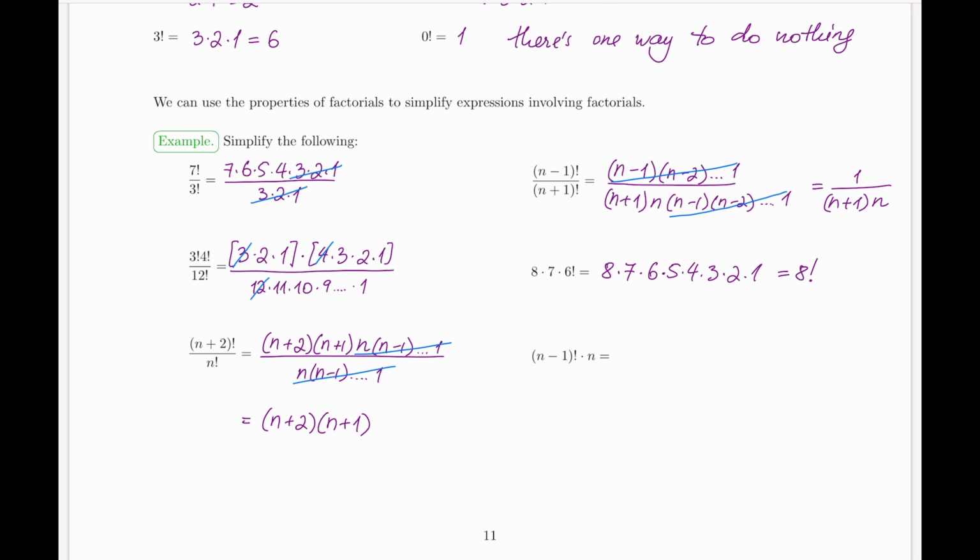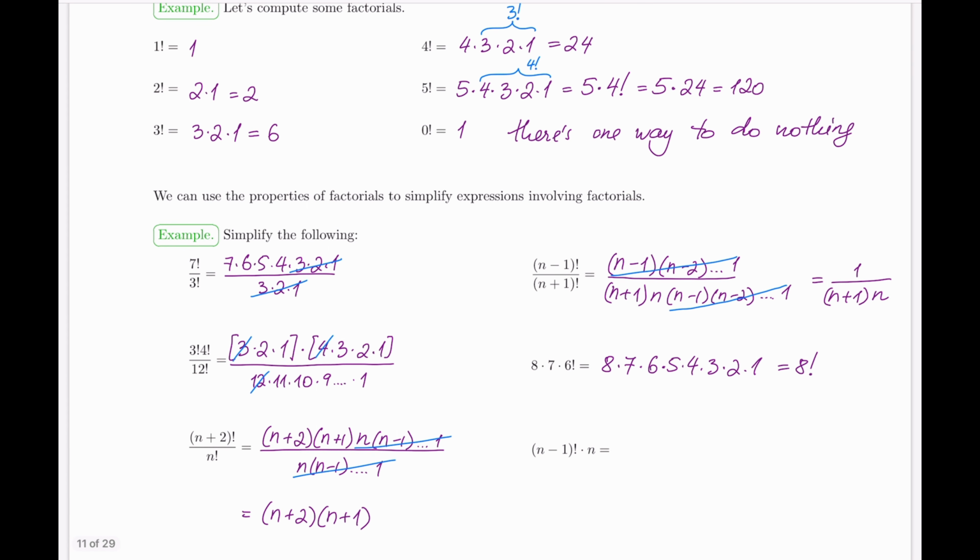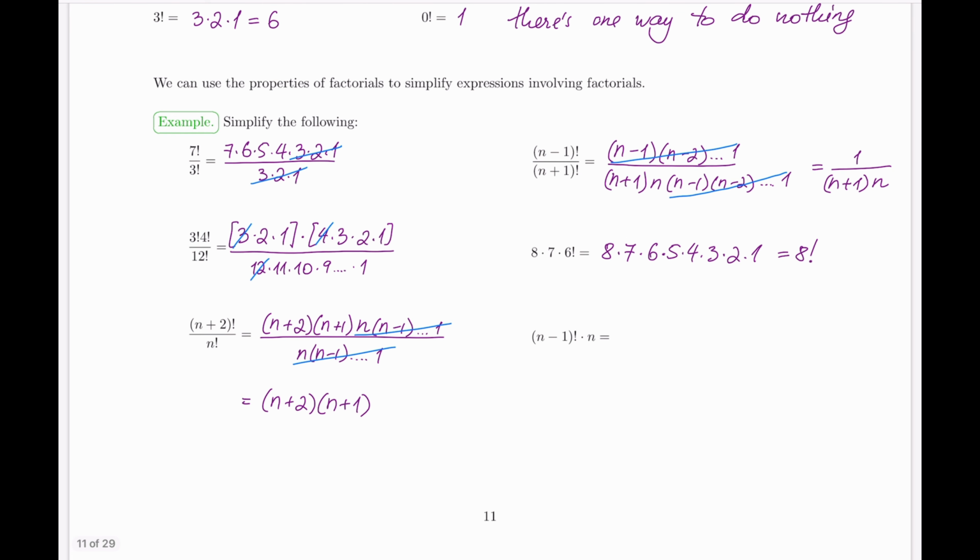I am multiplying all of these things together, and I'm also matching the type of pattern I already noticed in the previous example. N minus 1 factorial times n. So what I'm going to have here are all the numbers from 1 to n minus 1 multiplied, and then also multiplied by n. So the answer to this question is going to be n factorial. Double check to make sure you understand how I got that simplification, so that it's easier for you to actually work with factorials in the future.